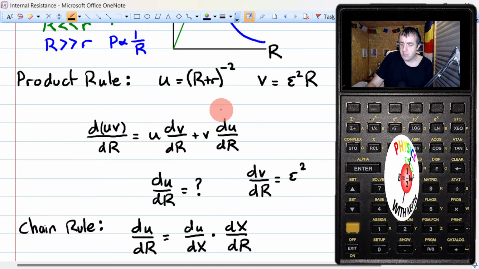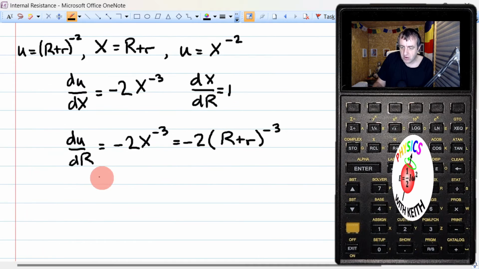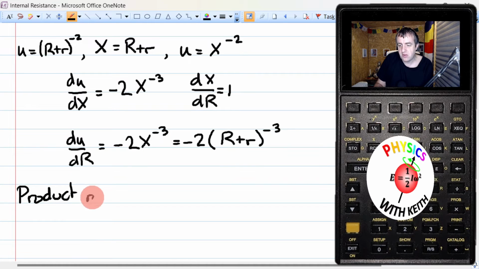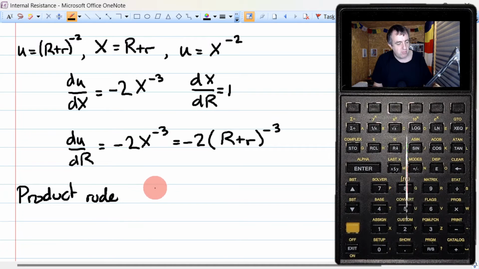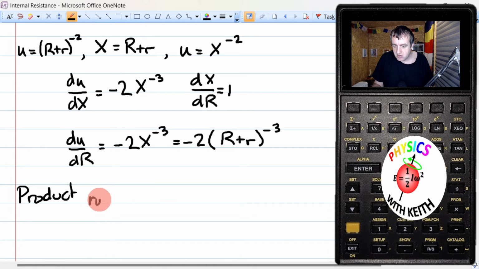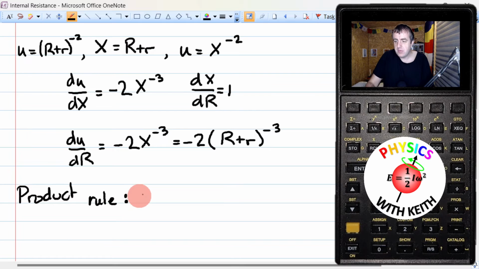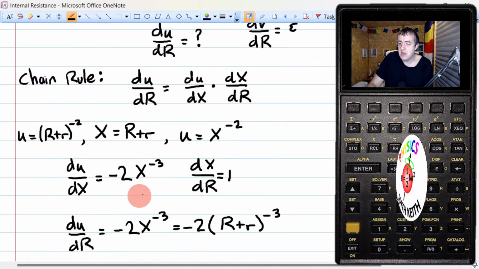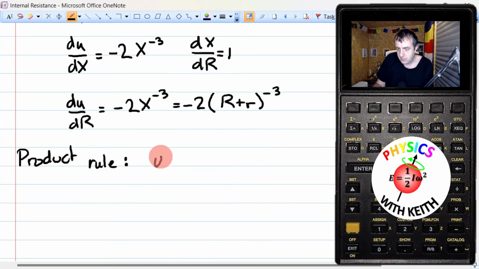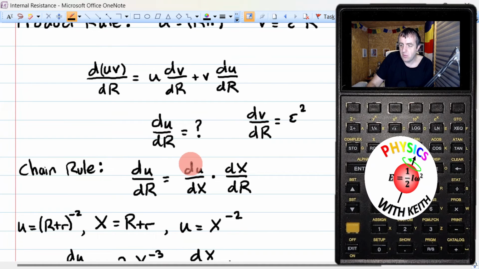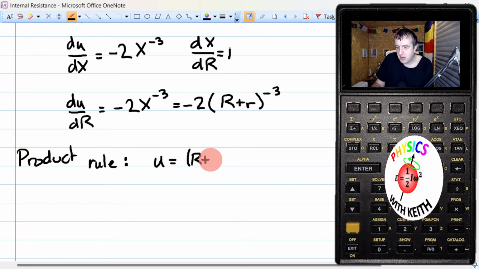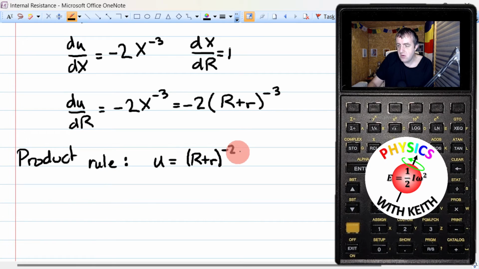In the product rule from before, what did we have? I'm going to write it all again because it's nice to have it all on one screen. That's product rule. So we had u equals, I can't remember what it was, r plus little r to the minus 2.